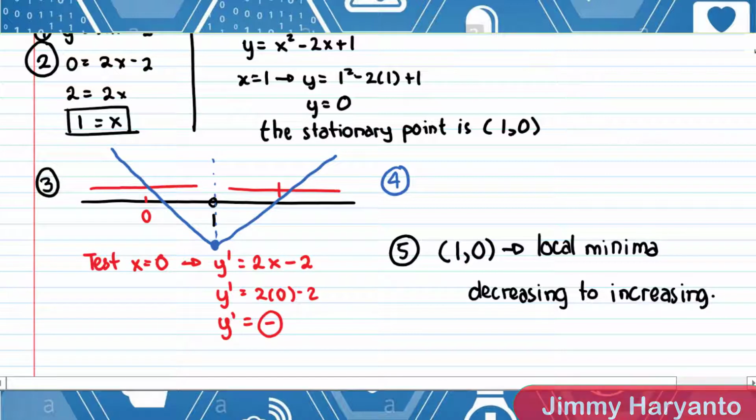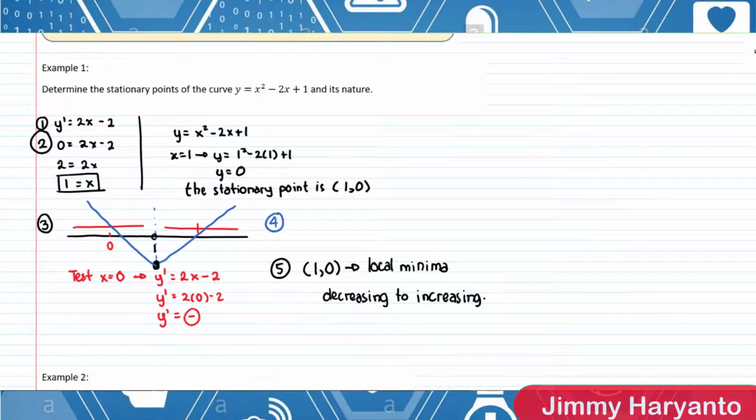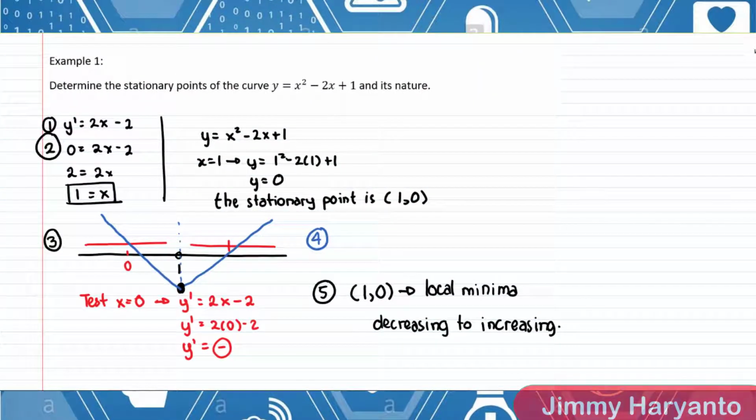Or we can say it's a local minima because of the position of the point of change, which is at the bottom. If it is at the bottom, it means minimum, and if it is at the top, it means maximum. And that is how you find the nature of stationary points. So for example 1, we only have one stationary point and it is called local minima.